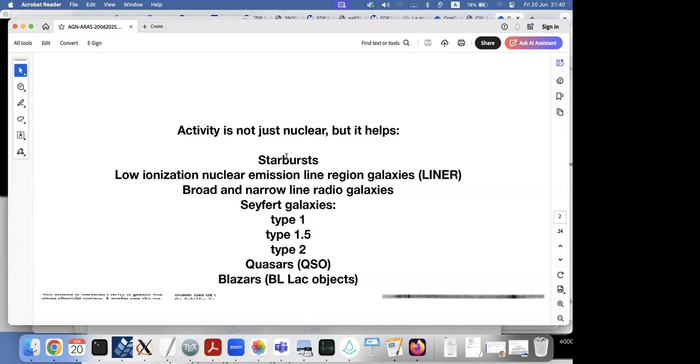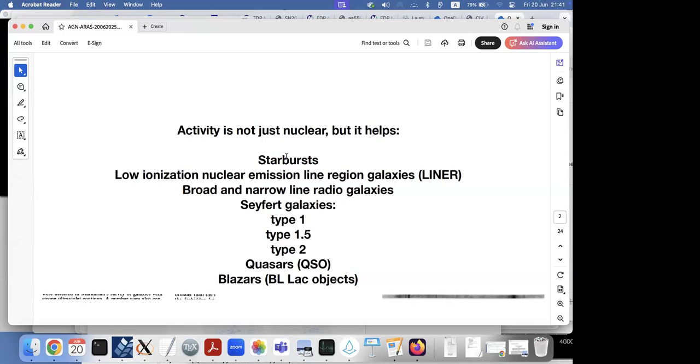The low ionization nuclear emission line regions are basically the same thing, that these are indications of some kind of nuclear activity, but not necessarily accretion onto a compact object, where the broad and narrow line radio galaxies can be nothing else. That the only reason they are radio galaxies is for non-thermal processes, and low ionization are actually indications of thermal processes.